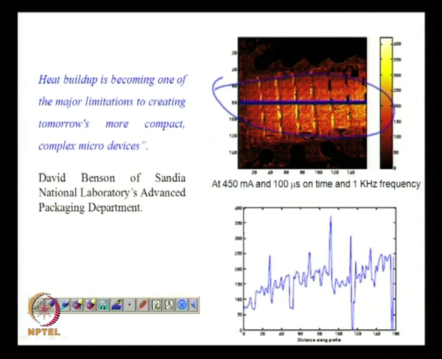This specific problem is known as the thermal packaging of chips. How do we package the chips so as to have the most efficient heat transfer possible is something that chip engineers are increasingly becoming aware of.